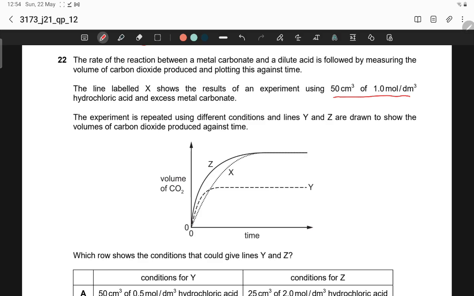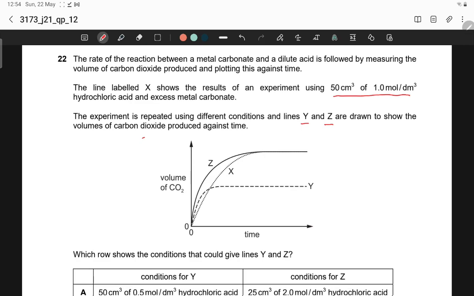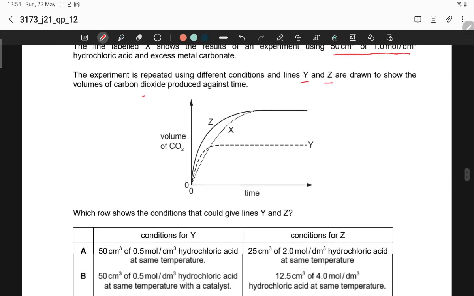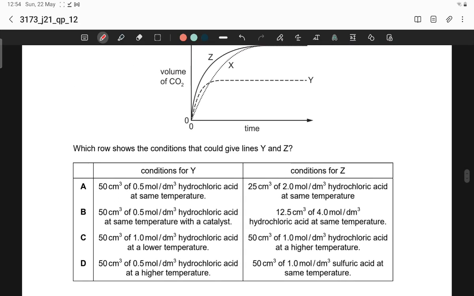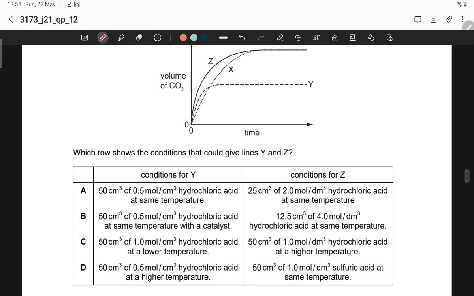The experiment is repeated using different conditions and lines Y and Z are drawn to show the volume of carbon dioxide produced against time. Which row shows the conditions that could give lines Y and Z?